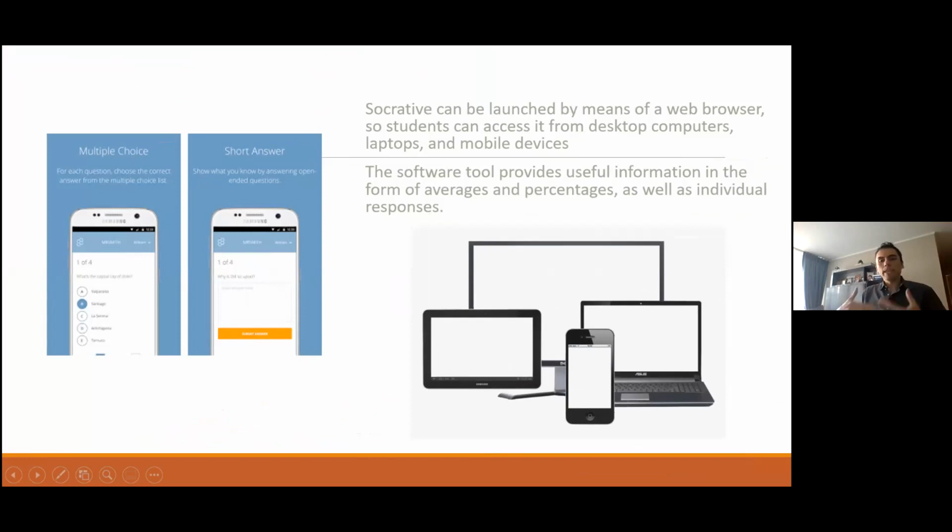This application can be launched by means of a web browser, so as long as your students have an internet connection, they can use their mobile devices, laptops, or computers. It gives the teacher information in terms of averages and percentages that can be used to make informed decisions on how to organize the lesson.